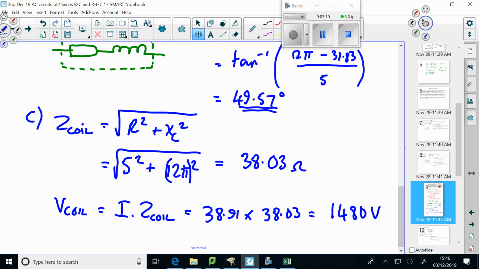Series RLC circuits can be a danger. We're applying 300 volts and we got 1480 volts across a coil. That's a lot of volts.